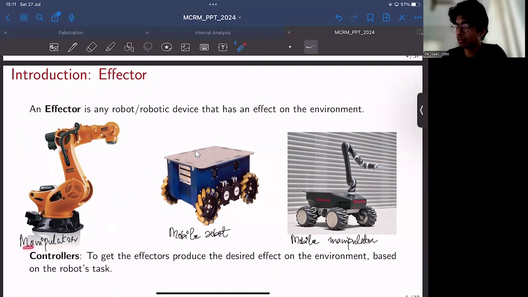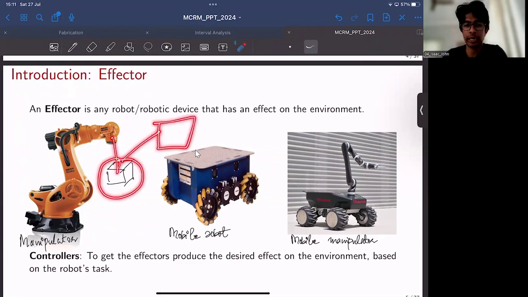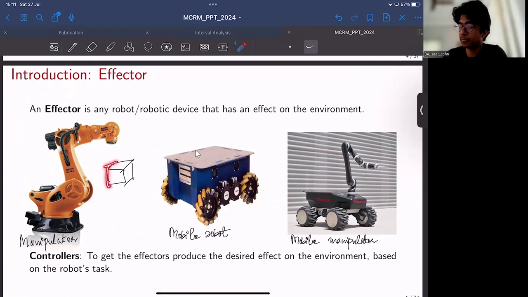So what effect does a manipulator have on its environment? The purpose of a manipulator is to manipulate the objects around it. For example, if there are objects in the robot's workspace, again, that is another term that we would discuss later on, the manipulator's purpose is to manipulate the objects around it, maybe to pick an object and place it somewhere else, which can be classified as manipulation, or simply hold it and do some operations such as drilling it.